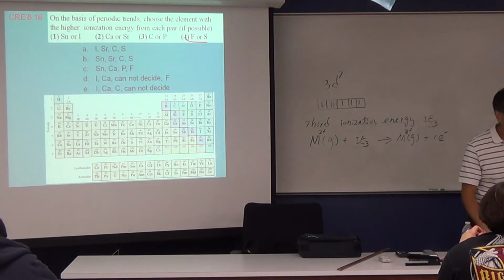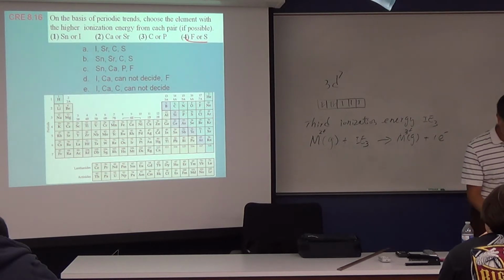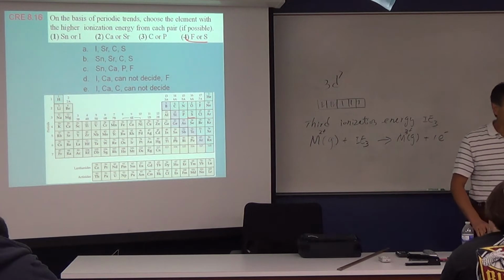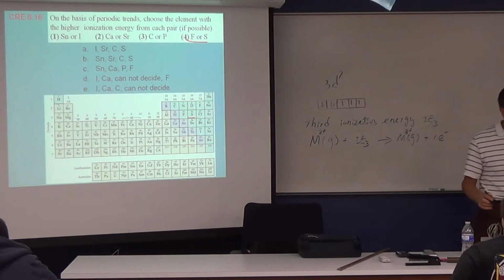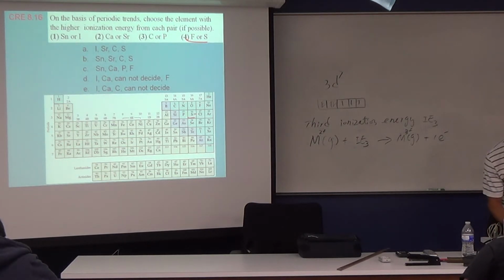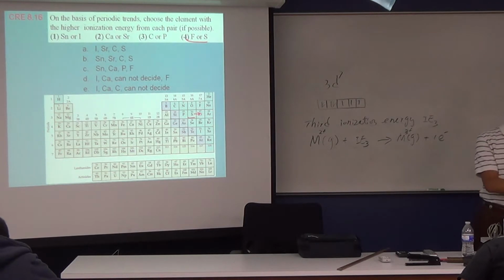Starting from sulfur, we can go up and down or left to right. Where do you want to go? Go to the right. Going from left to right, forget all those exceptions, the IE increases. You have to go all the way to the atom you want to compare.